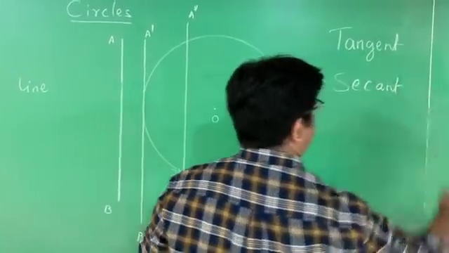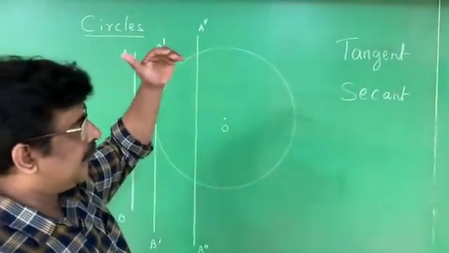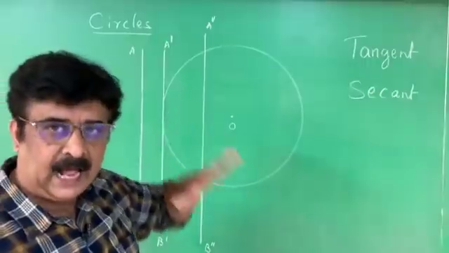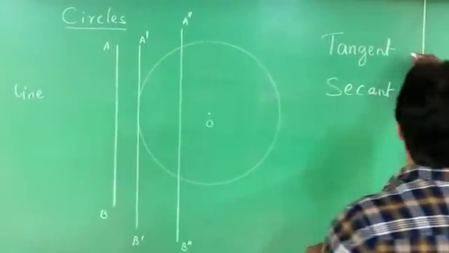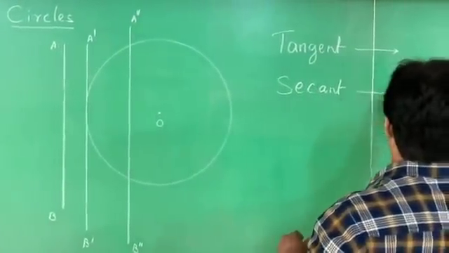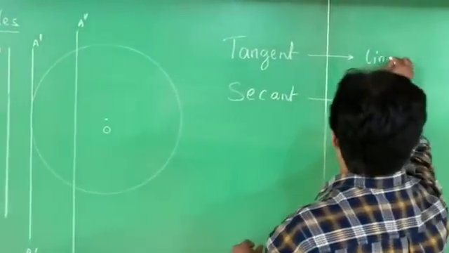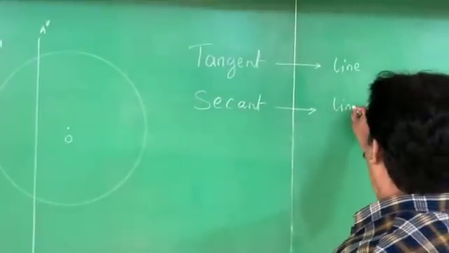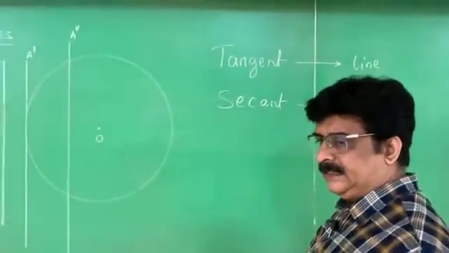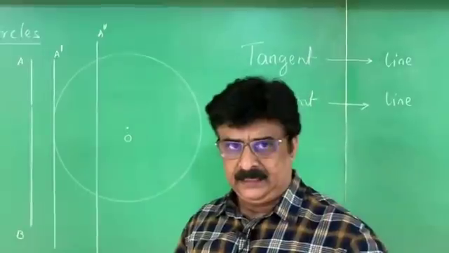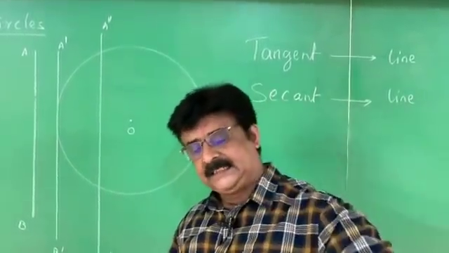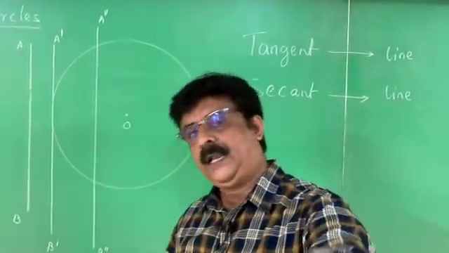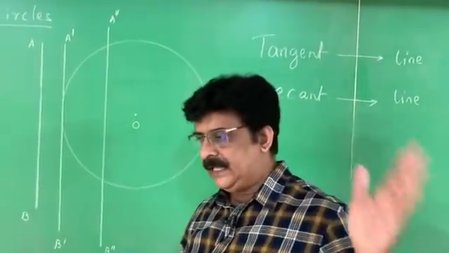Secant. Now see children, both tangent and secant are lines. Tangent is a line, secant is a line. What is a tangent? Tangent is a line which intersects the circle at only one point. Like that also we can write, in your textbook they are written like that.